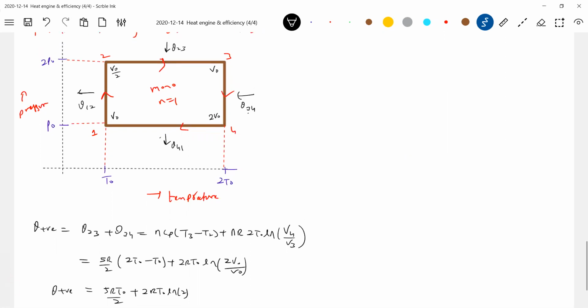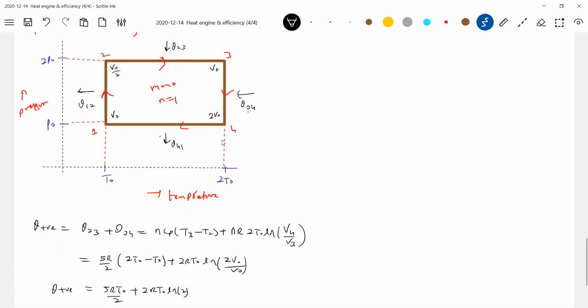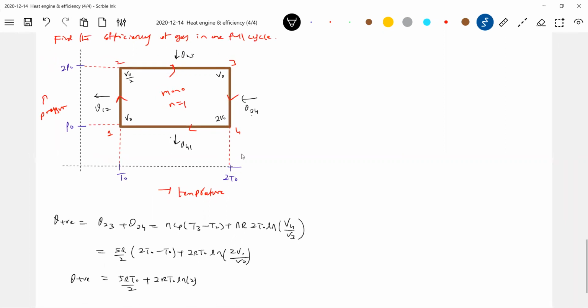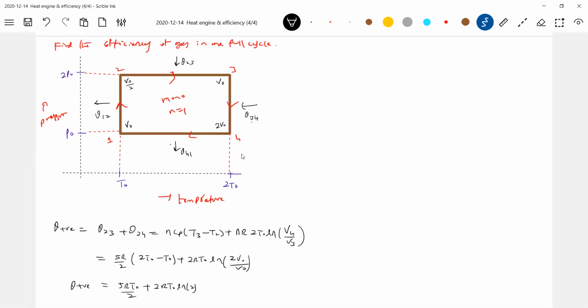Straight away, see, all this within 2 minutes you're supposed to do. So therefore, I suggest you don't write the story. In the exam you should be able to directly write this equation. No need to write this symbol. So Q positive: in these two processes it is added. n Cp delta T, n equal to 1, Cp 5R by 2.